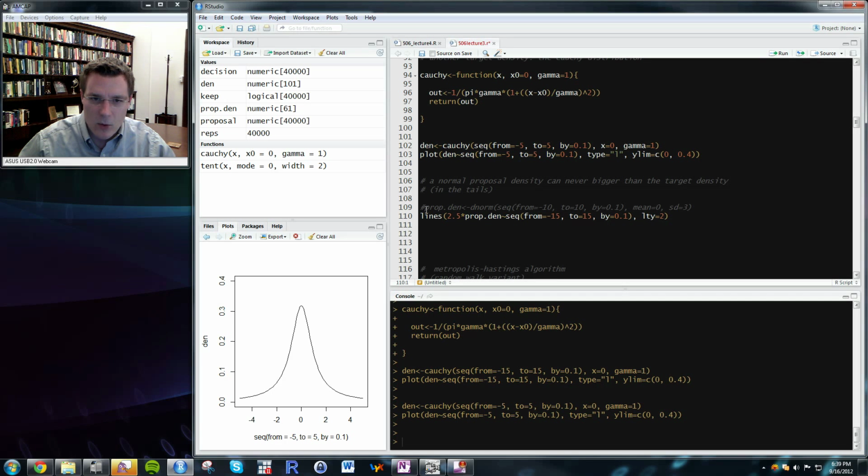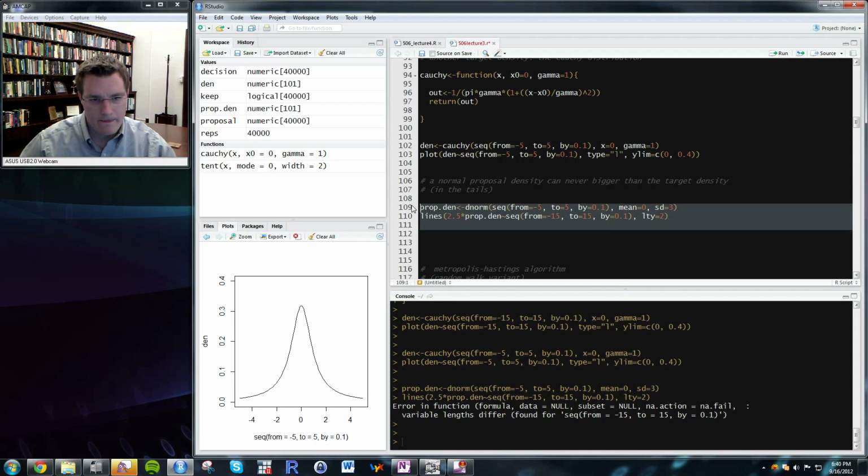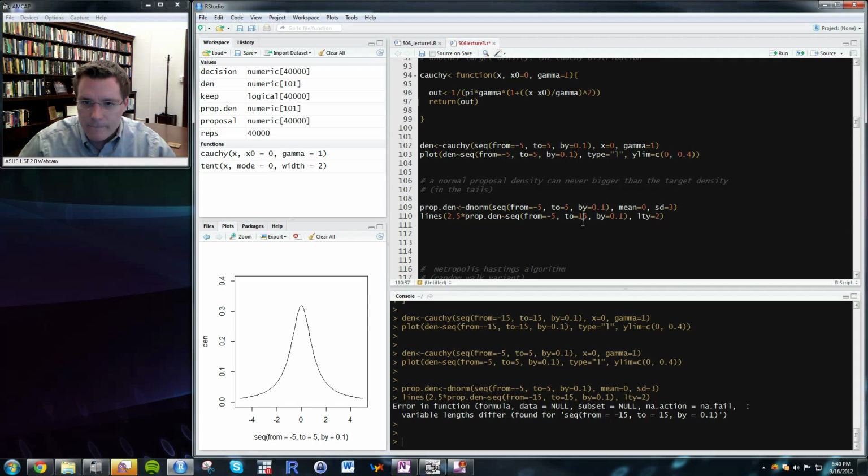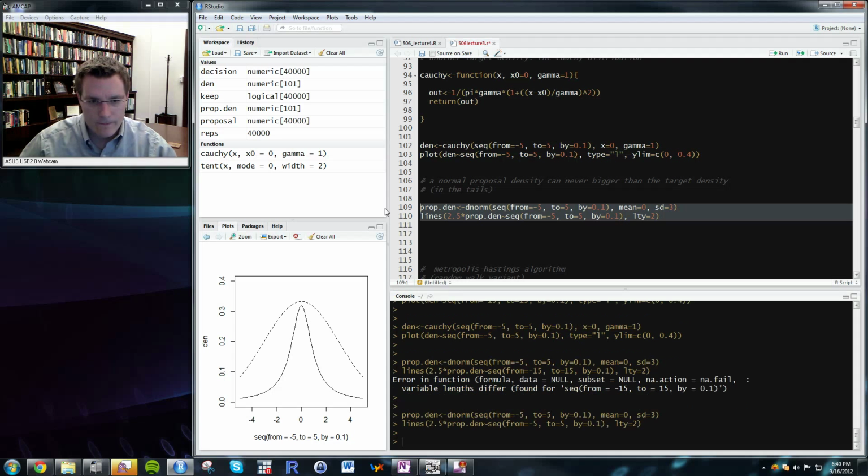Let's start with the normal. I'm going to uncomment the normal. I'm going to go from -5 to 5 just like before, with a mean of 0 and a standard deviation of 3. I'm going to multiply that proposal by 2.5. I've got to tell it -5 to 5. There we go. Now, that looks pretty good.